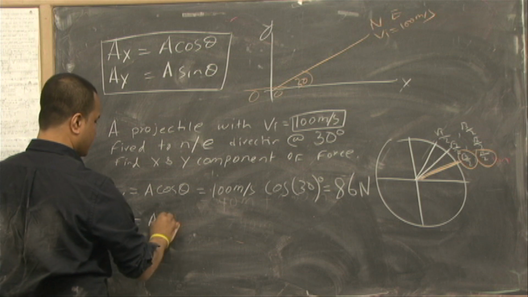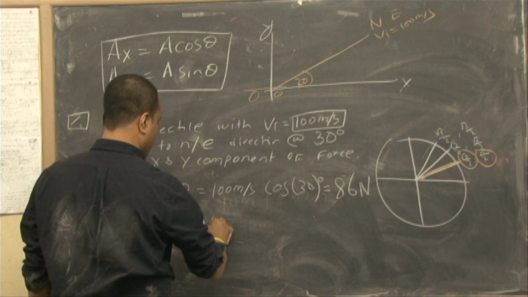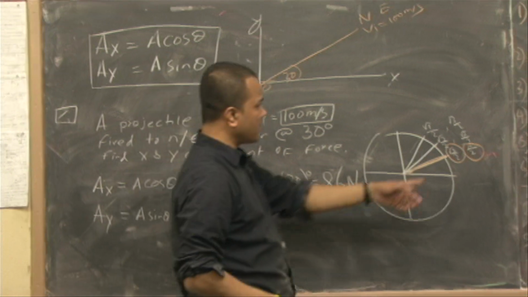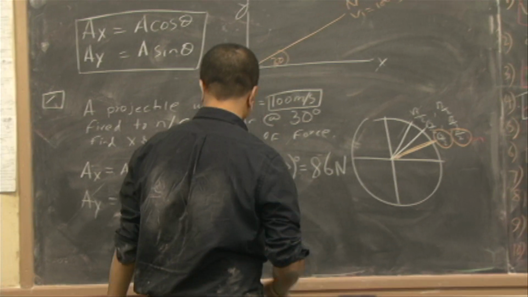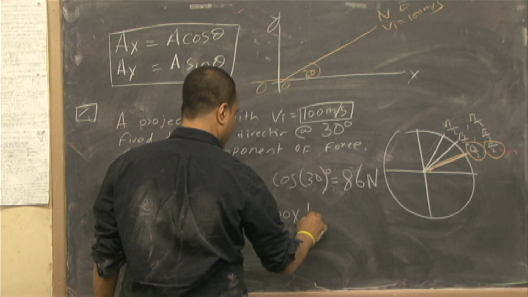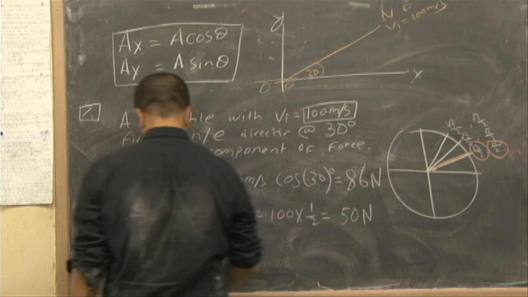a sine theta, which is sine 30 degree, simply 1 over 2, which is half. So 100 times half, which is 50 Newton.